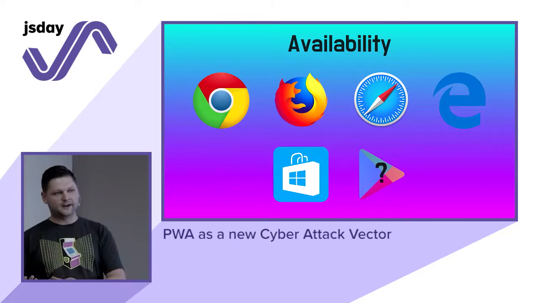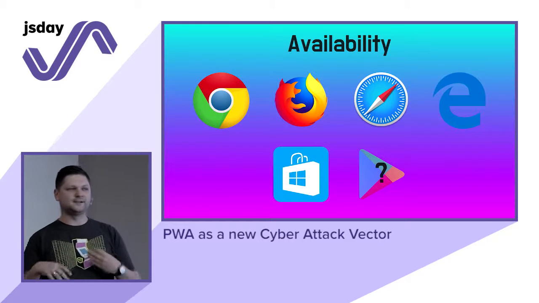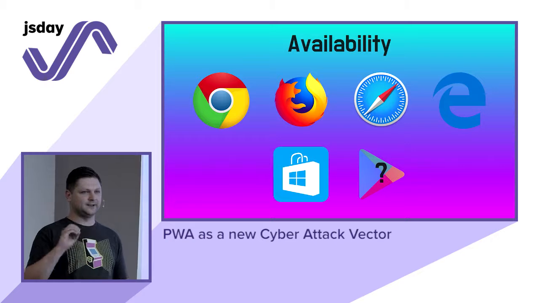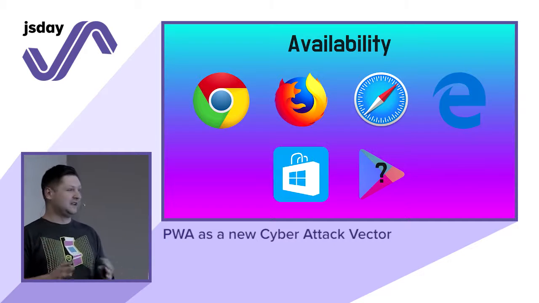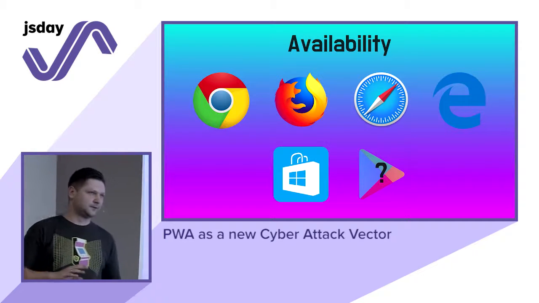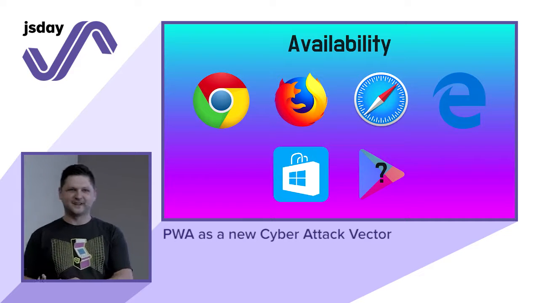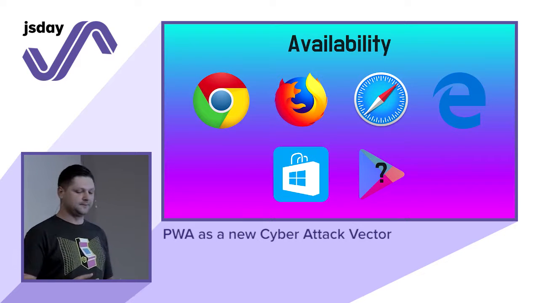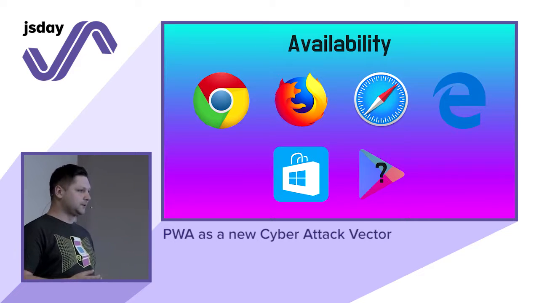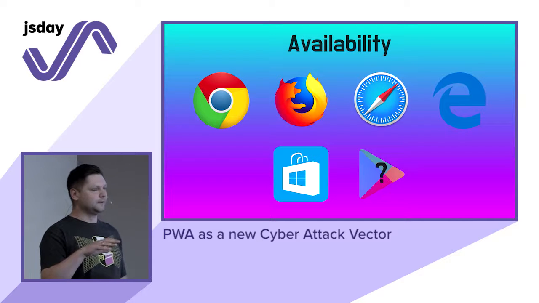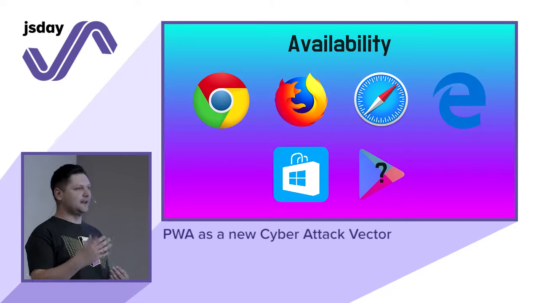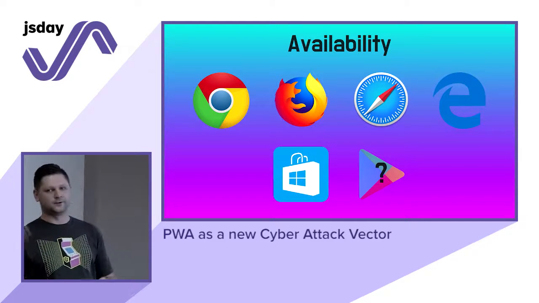On mobile platforms, on iOS, they are just experimenting with this and starting their implementation. So it's not really stable and usable for now. But this movement from the Apple side is pretty nice to have. And on Android, when you install your progressive web app, it looks like any other application in your launcher.